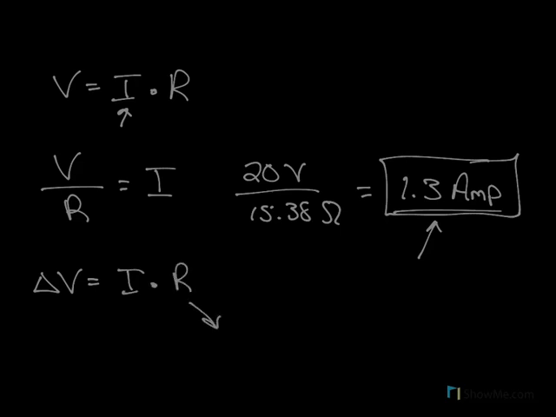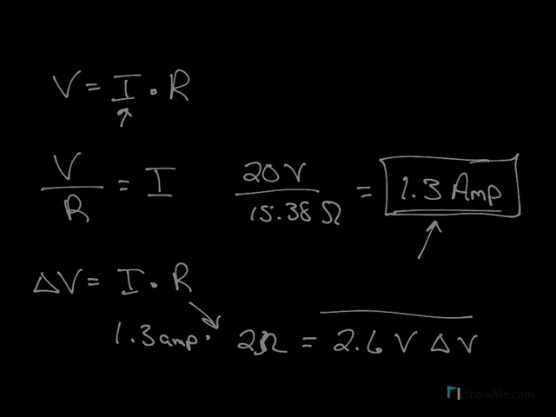I know my resistance now, that's 2 ohms. I know my current, that's 1.3 amps. And so if I take 1.3 amps times 2, I get 2.6 volts.